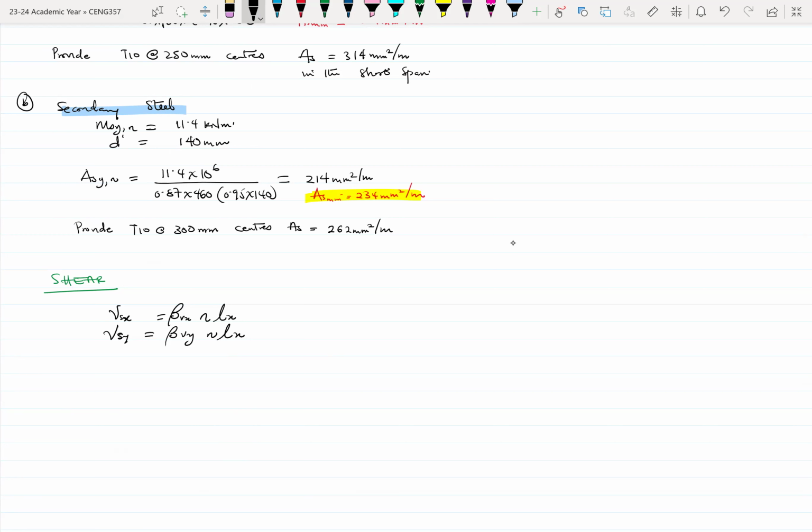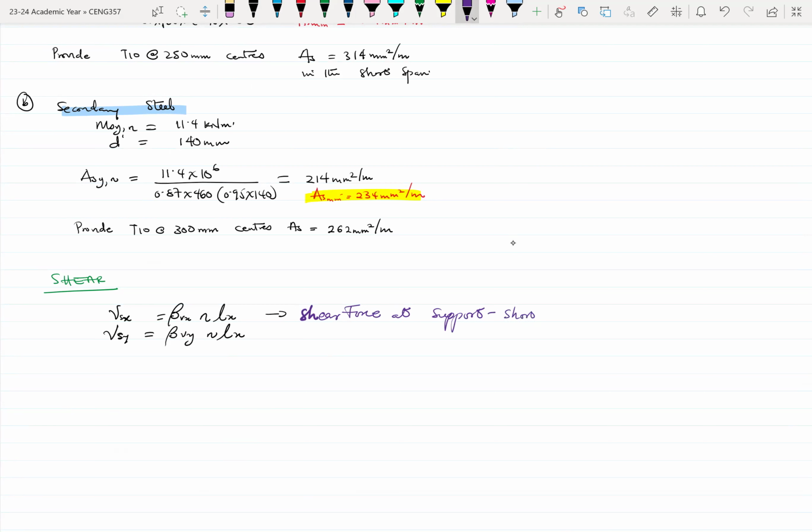So this is shear force at support for the short span.